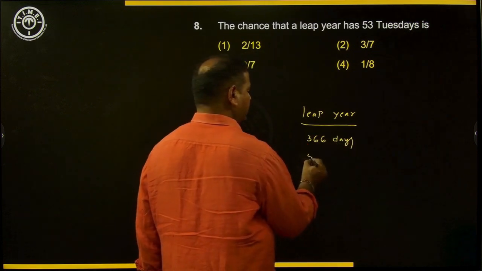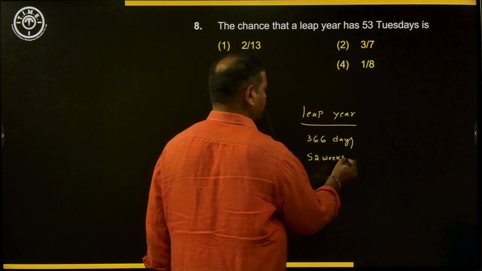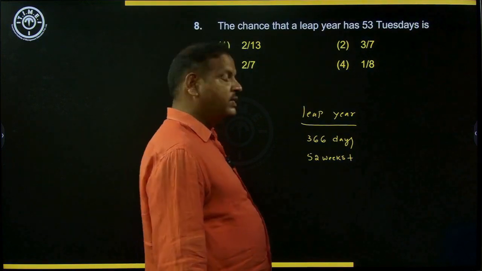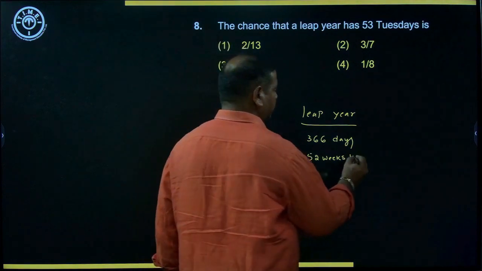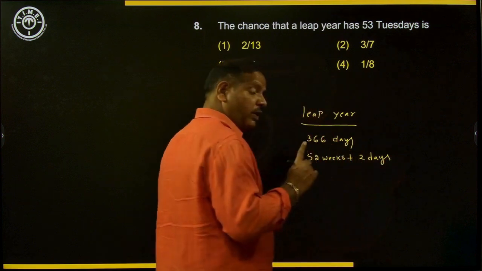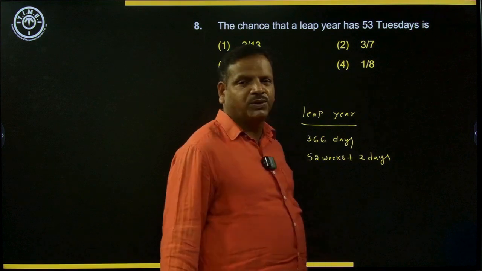That means how many weeks? 52 weeks. 52 into 7 is 364, so 2 days extra remain. The question can be framed only on these 2 days, because nobody can change these 52 weeks.